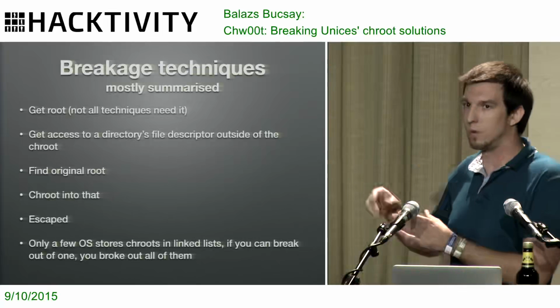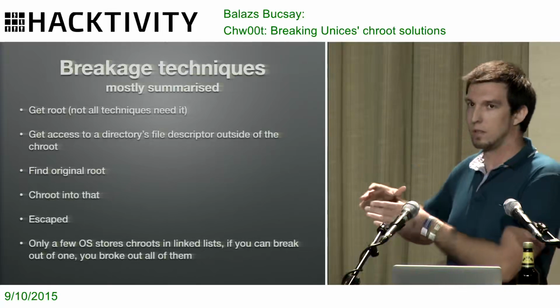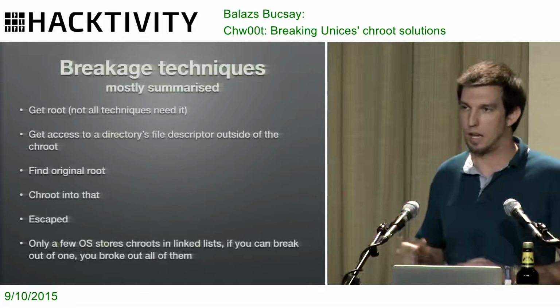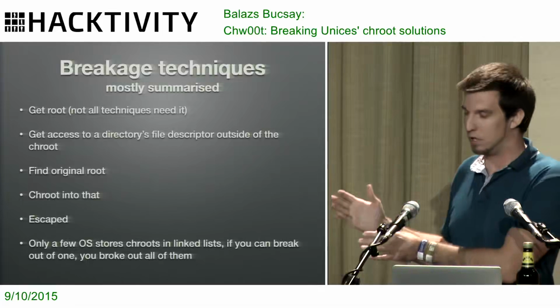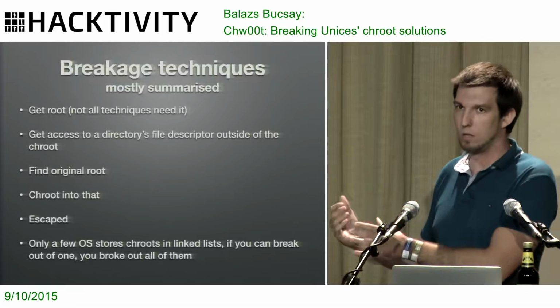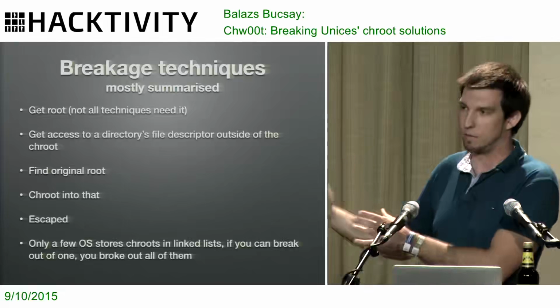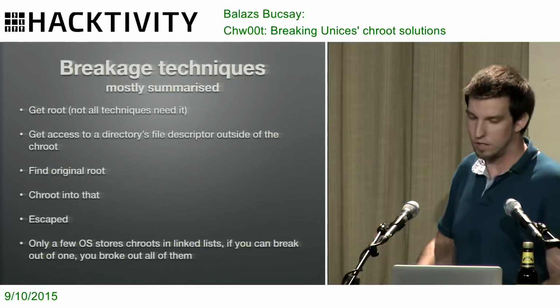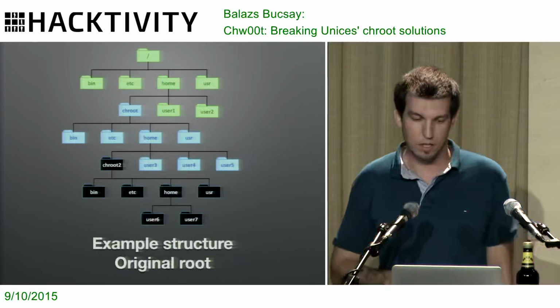It has a linked list. So if you change a root, the linked list will be added with one more entry, and that entry will have the last chroot, the new root. And if you break out, then you will have the root just before the last root, so you cannot leave that. So it's a little bit tricky on FreeBSD.